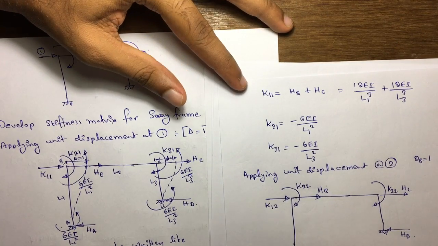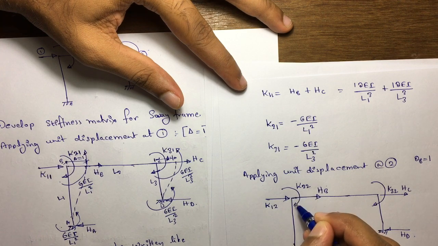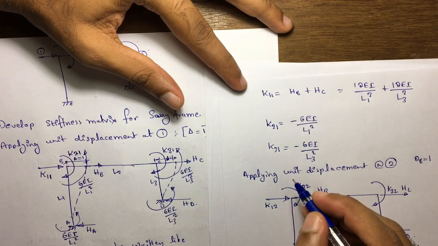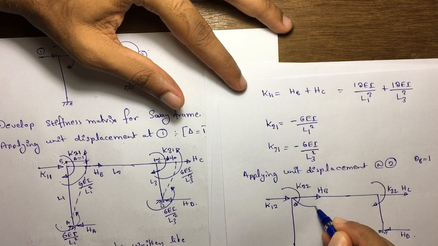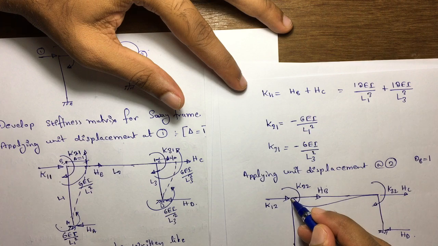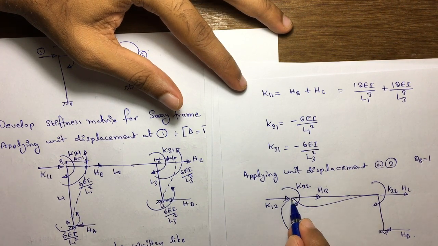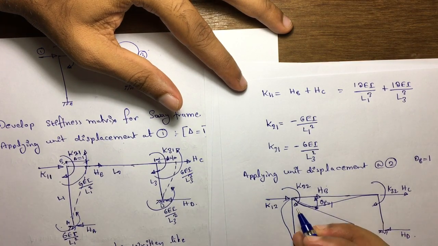So as we know, if I apply a unit deflection at a particular coordinate, at that point if I see the deflection pattern, I am applying a clockwise moment, the beam is going to deflect in this way. If I draw the slope like this, this unit deflection, that is theta b is equal to 1.